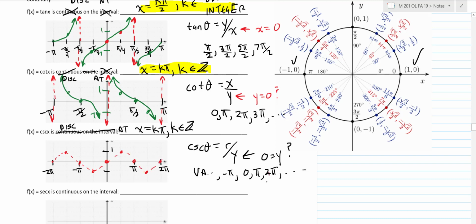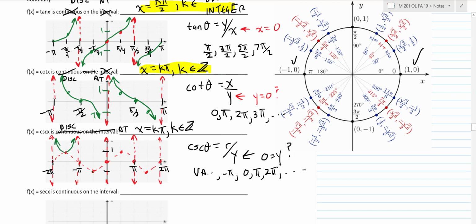Okay, notice the asymptotes occur at pi, where y is 0, at 2 pi, y is 0, at 0, y is 0, and so forth. So we want to get your asymptotes in. And then remember, I think of this as a camel, and the cosecant sits on the hump of the camel's back.